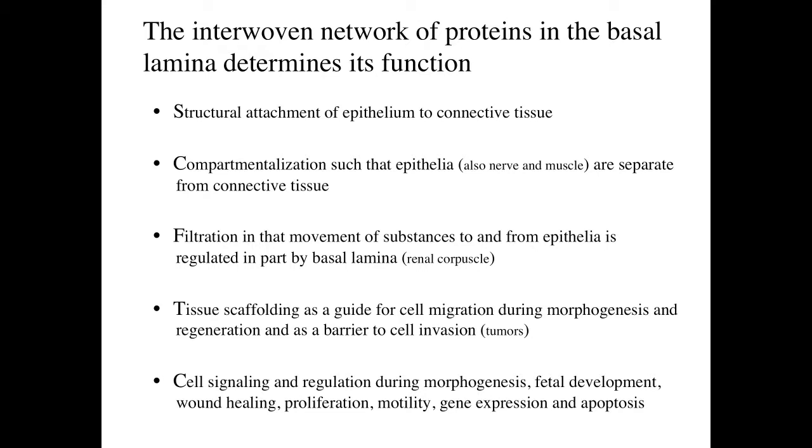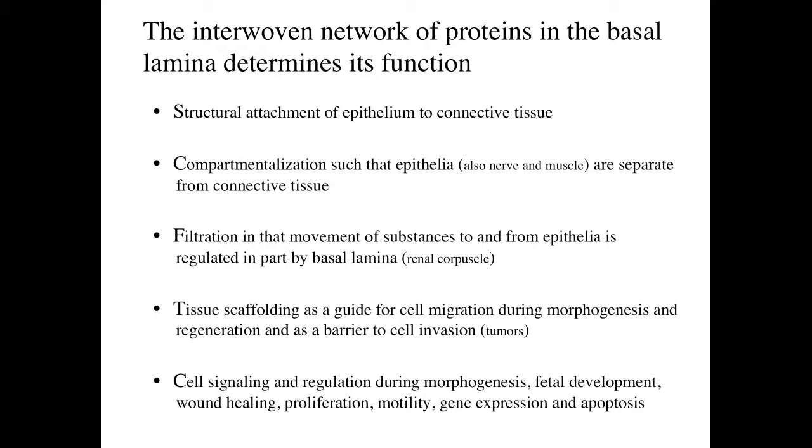The basal lamina can serve as a tissue scaffold guide for cell migration during morphogenesis and regeneration, and it can also serve as an important barrier to invasion of cells during tumor metastasis. The basal lamina plays a role in cell signaling and regulation during morphogenesis.